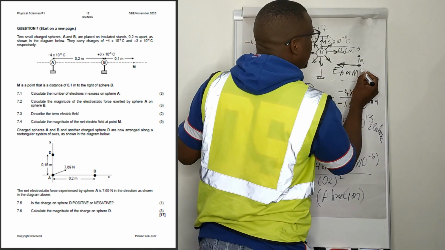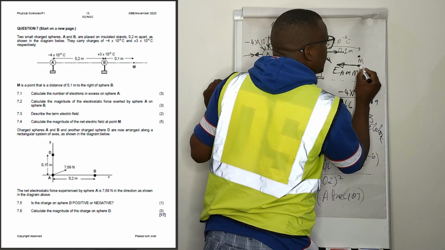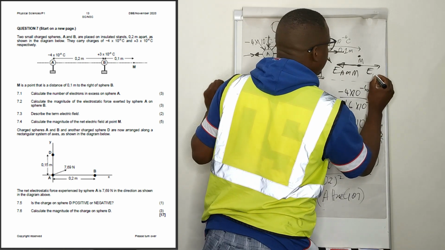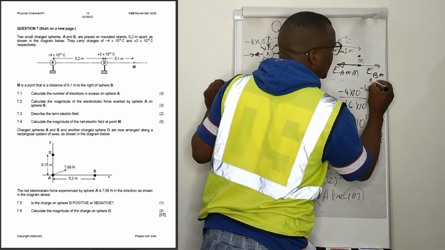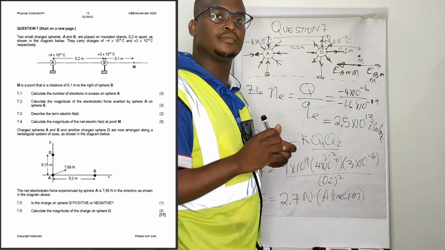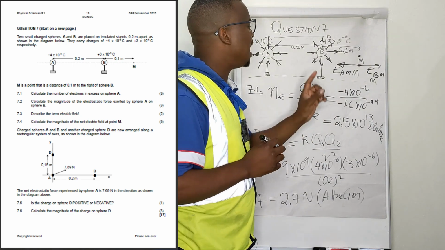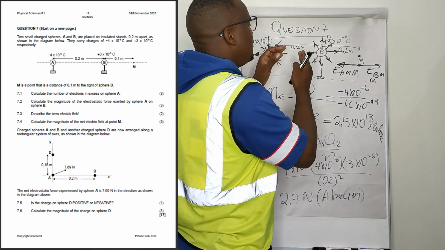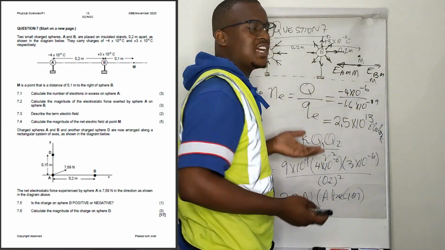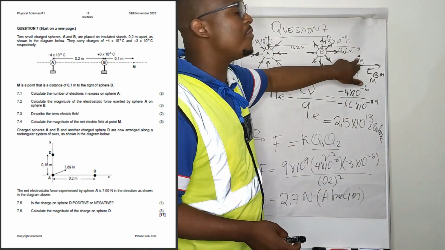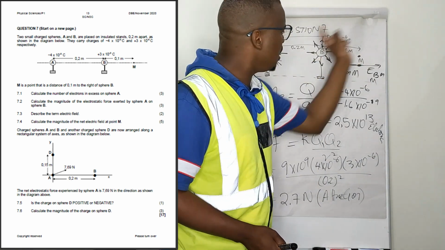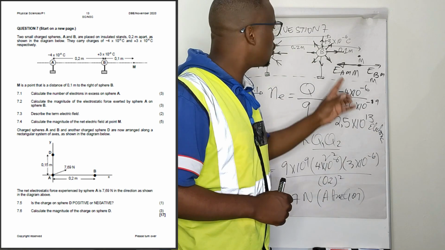So this is the electric field of B on M. It is to the right. Because B is positive, the electric field lines are outwards. So if you have a point sitting here, the electric field lines it will be feeling will be towards that direction. So it is to the right.